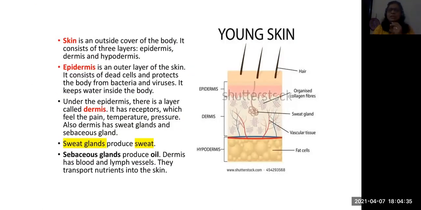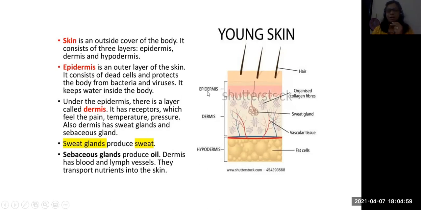Next, we are going to see the skin, the last one. Skin is the largest sense organ. Why? Because it covers the whole body, isn't it? And this skin is very important to protect our body also, so that no germs get inside. It consists of 3 layers: epidermis, dermis, and hypodermis.